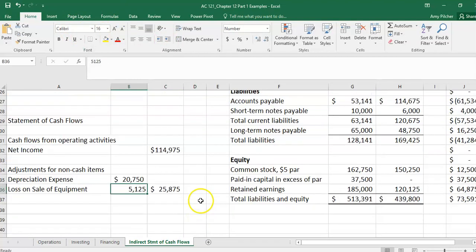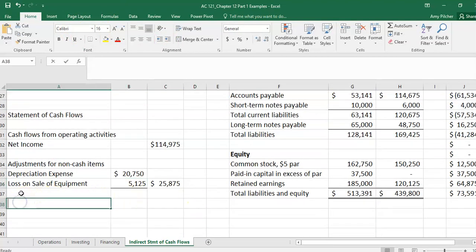After we make non-cash adjustments, then we look at the changes in current assets and liabilities.